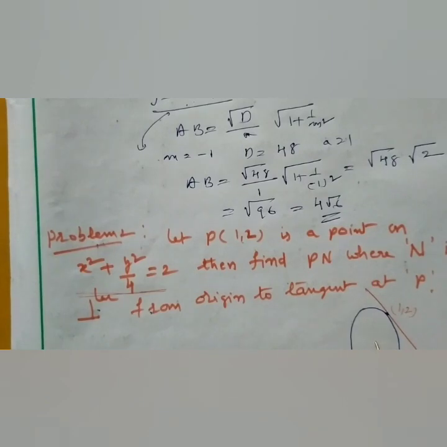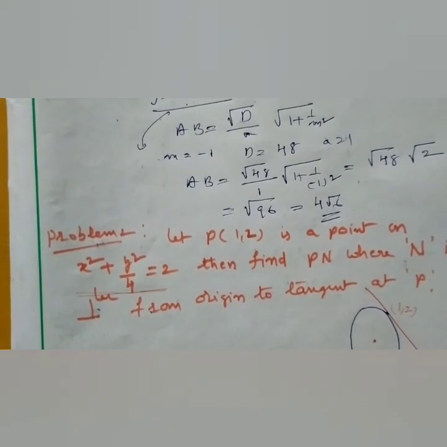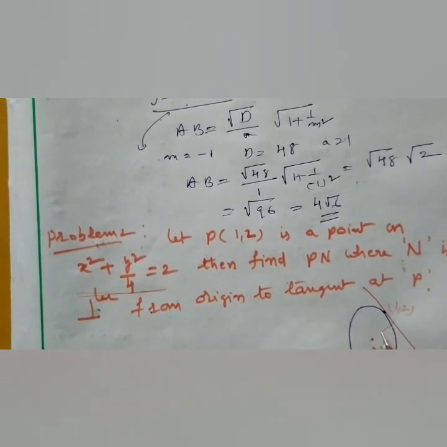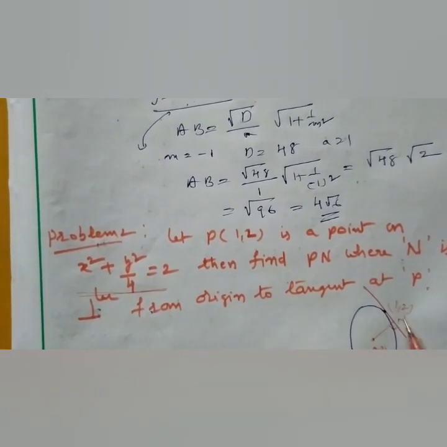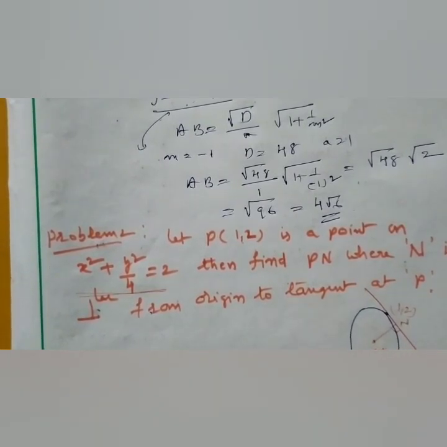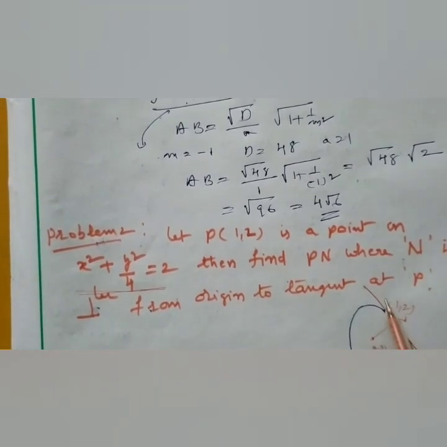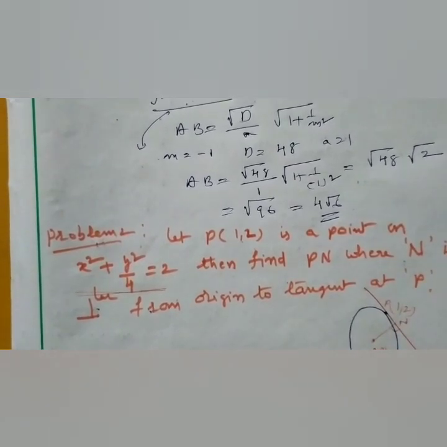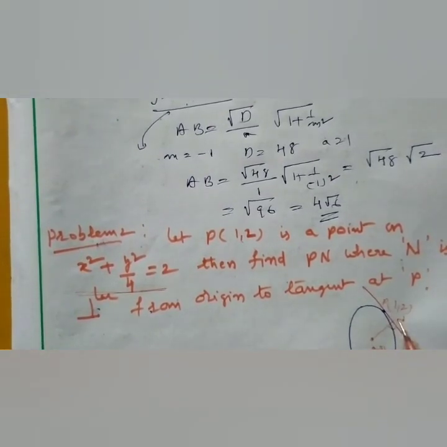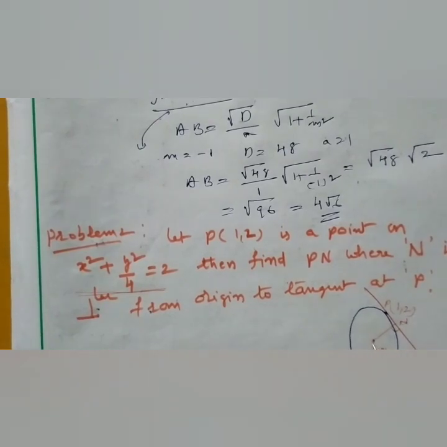From the origin, we need to find where the perpendicular meets the tangent at P. N is the foot of the perpendicular from the origin to the tangent at P. If the tangent is drawn to the conic, we need to find the length of Pn whenever n is the foot of the perpendicular from the origin.